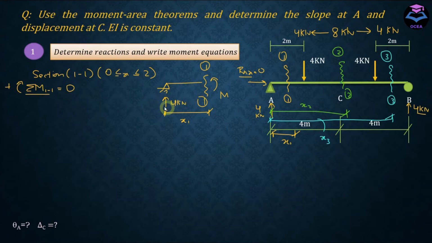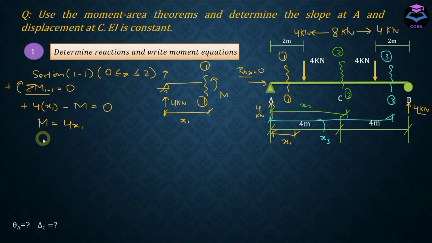This force, 4 kilonewton, is creating a clockwise moment about section 1-1, so this is going to be positive, and it has a moment arm of x1. And we have this moment which is acting in the counterclockwise direction, so this is going to be negative. We don't have any other force creating moment about section 1-1, so this is equal to 0. If I simplify this, M is coming out to be 4 x1.